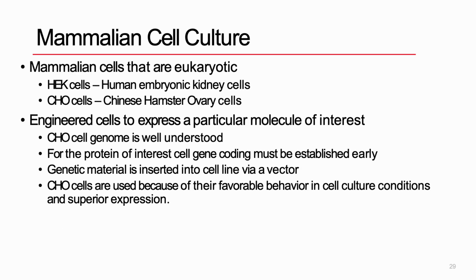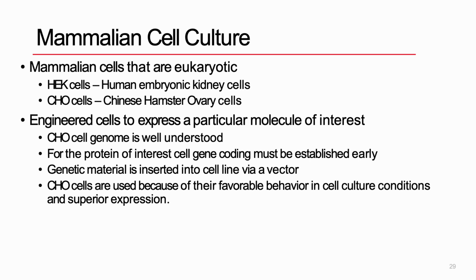Now, for mammalian cells that are eukaryotic, we can talk about human embryonic kidney cells, like HEK cells. We can also use Chinese hamster ovary cells, or CHO cells. Related to engineered cells to express a particular molecule of interest, we can talk about the following. The CHO cell genome is well understood, so we can manipulate it.